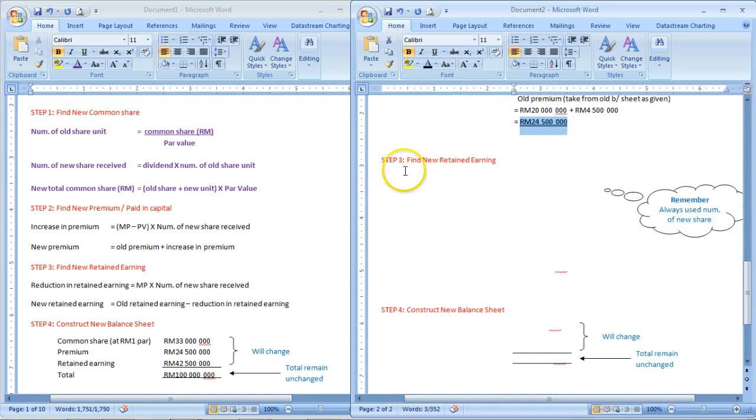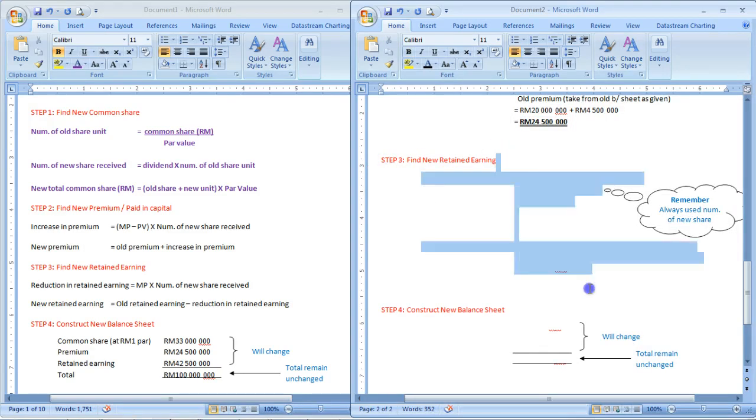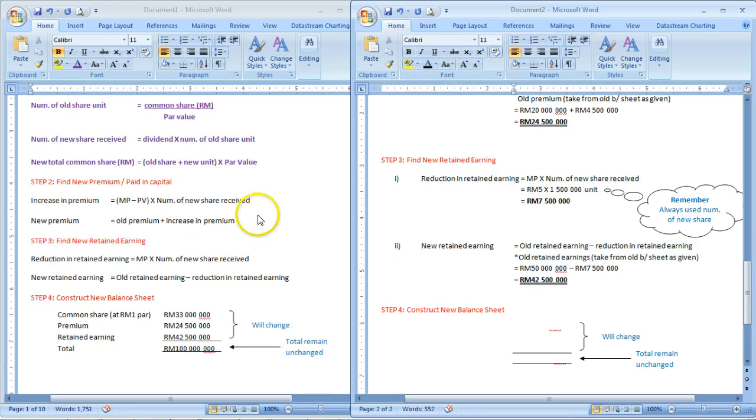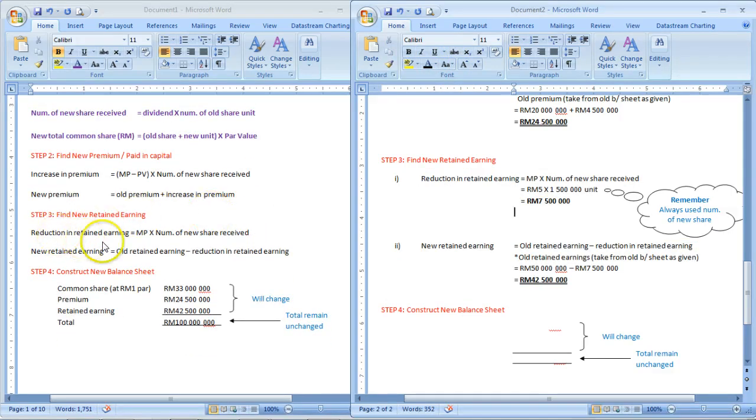Now we want to find the new retained earnings. You need to compare with the old one. Using the same approach, the reduction in retained earnings equals market price times new shares received. Why the reduction, guys? Because you use the earnings to give dividends, but in the form of shares.